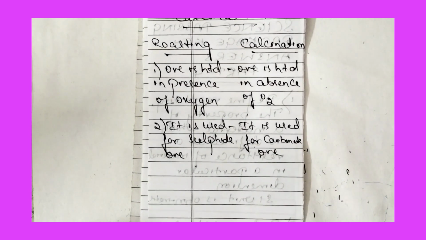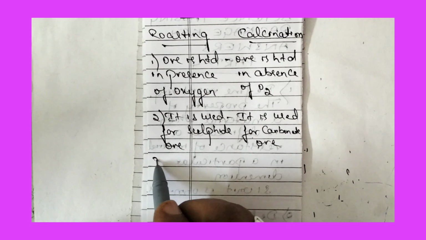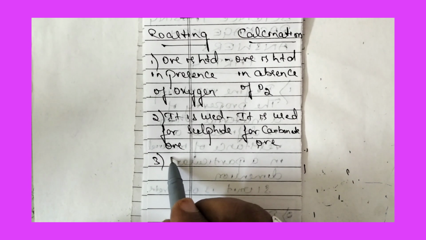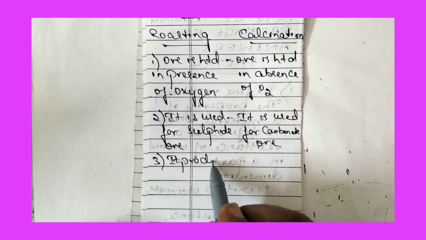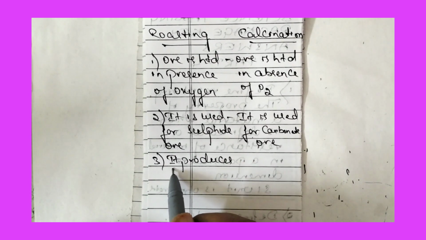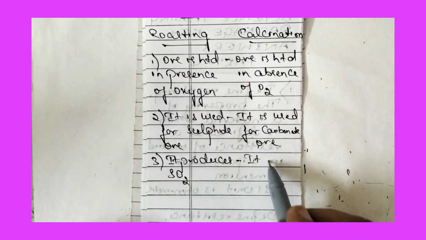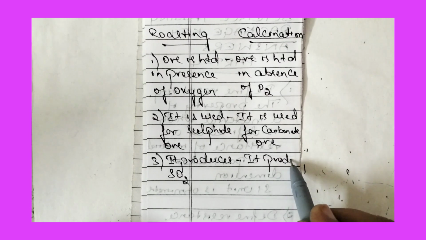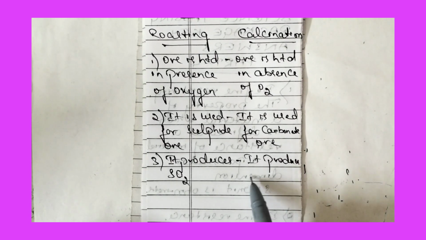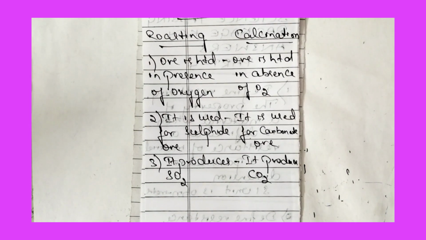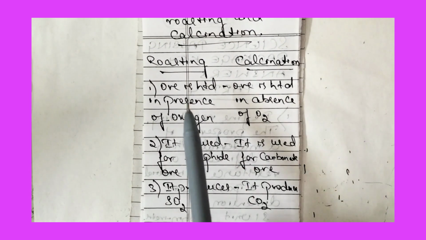So this is the second difference between roasting and calcination. Then the third point: roasting produces sulfur dioxide, and calcination produces carbon dioxide. So these are the differences between roasting and calcination.